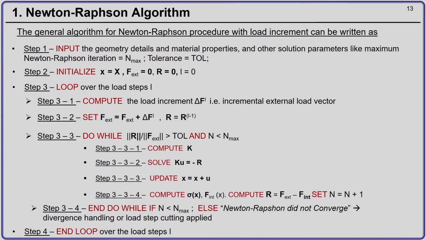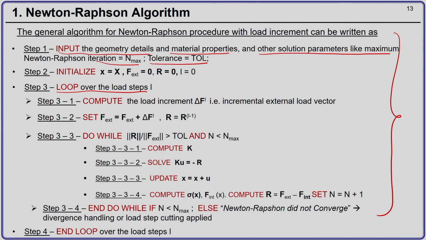Okay. So, now our Newton-Raphson algorithm for the linearized equilibrium equations that we had is now given here. So, more or less the idea remains the same, but we add a loop over the load steps now. Okay. So, what you have to do first is input the geometric data of the body, the material properties, and other solution parameters like the maximum number of Newton-Raphson iterations and tolerance.